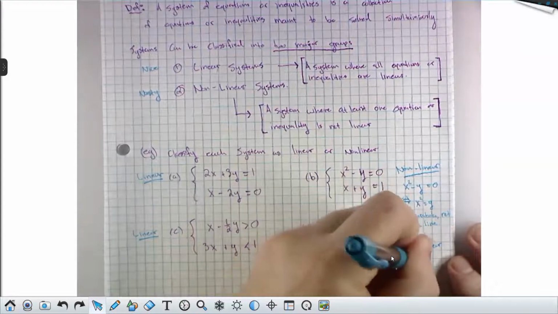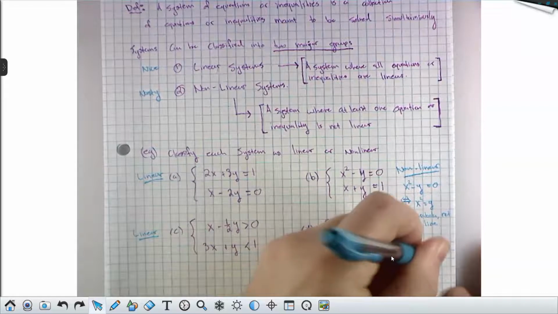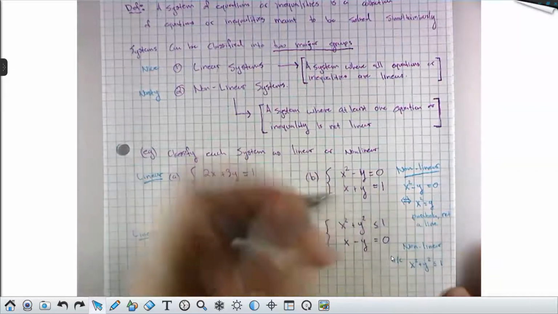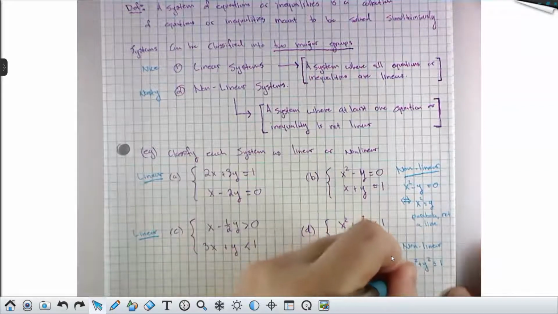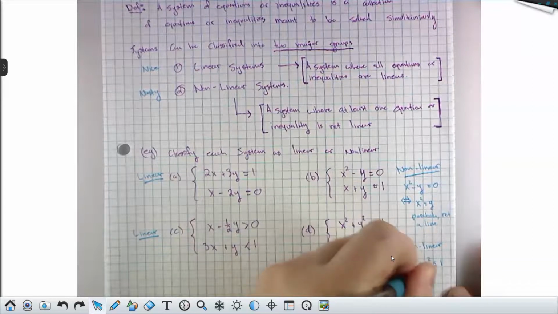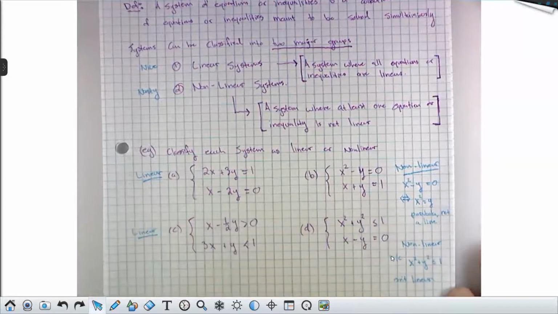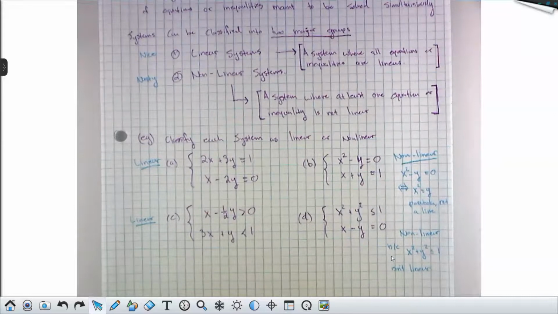And that's because the inequality x squared plus y squared is less than or equal to 1 is nonlinear. You have variables showing up raised to the power of 2, right? Which is definitely not a linear thing. This inequality defines what's called the unit disk. x squared plus y squared less than or equal to 1 is a circle of radius 1 centered at the origin with all the center filled in.